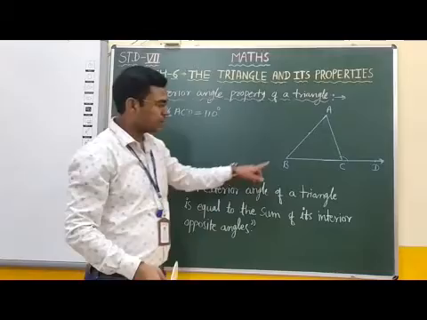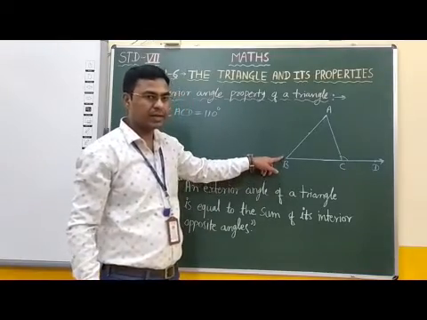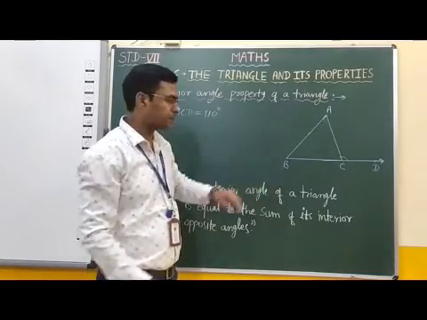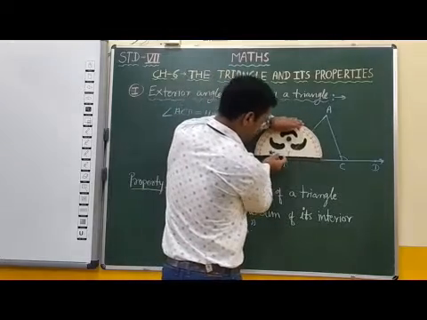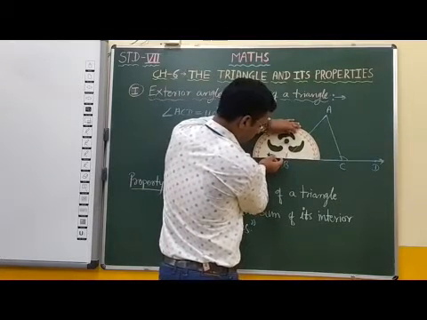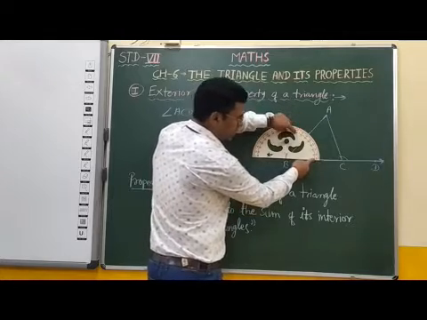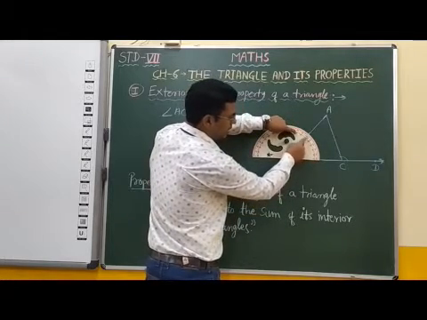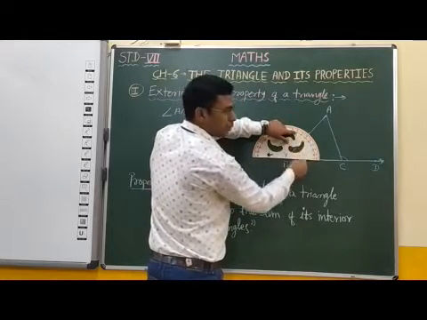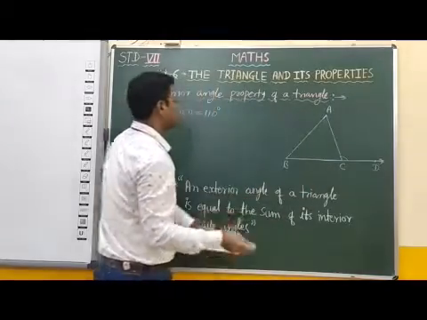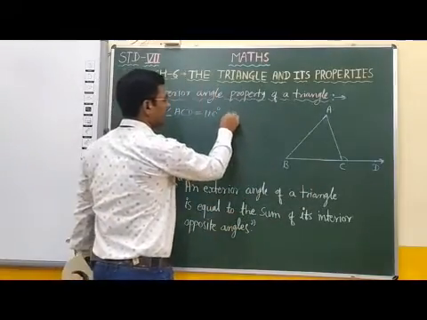If we measure this angle B, that is an interior opposite angle, here we use the inner scale 10, 20, 30, 40, 50. Therefore, the measure of this angle B is equal to 50 degrees.